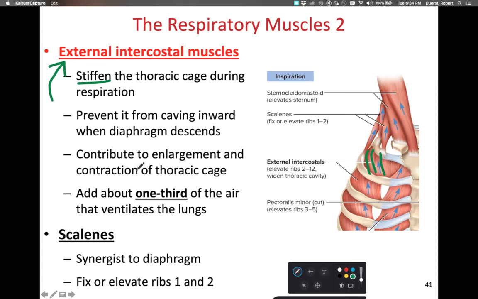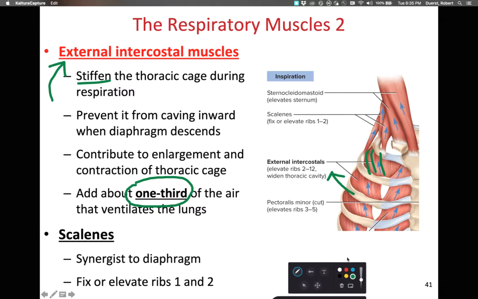And this is going to cause the overall enlargement of the thoracic cage. In addition to stiffening the thoracic cage, they also help to elevate the ribs and move them anteriorly as well. And this is going to also account for approximately 1/3 of the movement of air into our lungs.